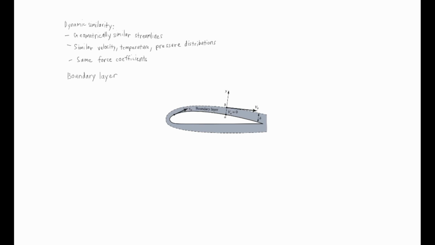Since the air particles at the surface do not move due to the shear friction, and the air particles at the edge of the boundary layer move at a much faster speed, the velocity gradient is usually very large.